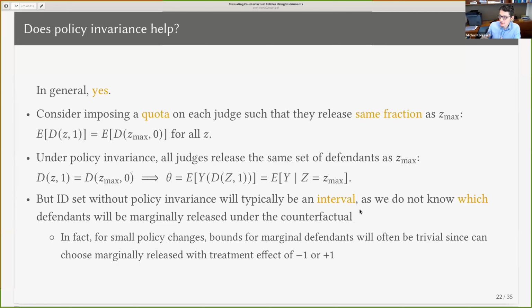Similarly, to get the lower bound on the policy, I'm going to say, what the less lenient judges are going to do, they're going to take all the guys who are never currently released, who have a treatment effect of -1. I'm going to release those. So the slope of the counterfactual is going to be +1 and -1.